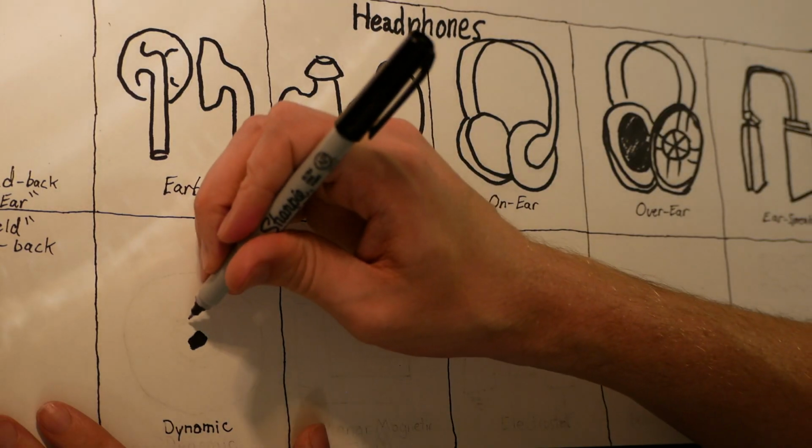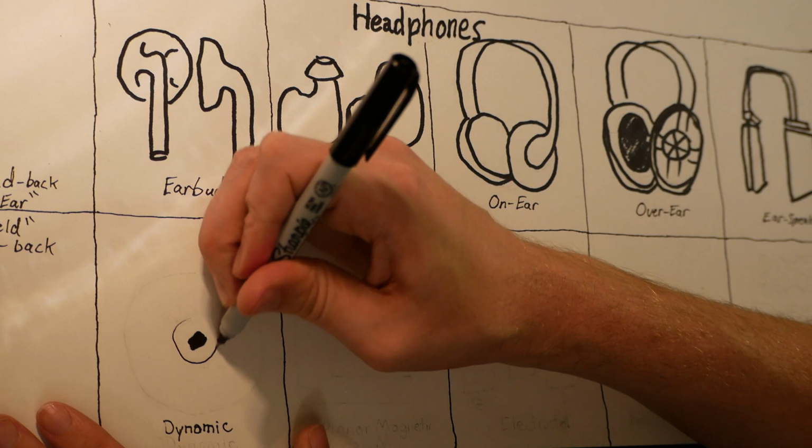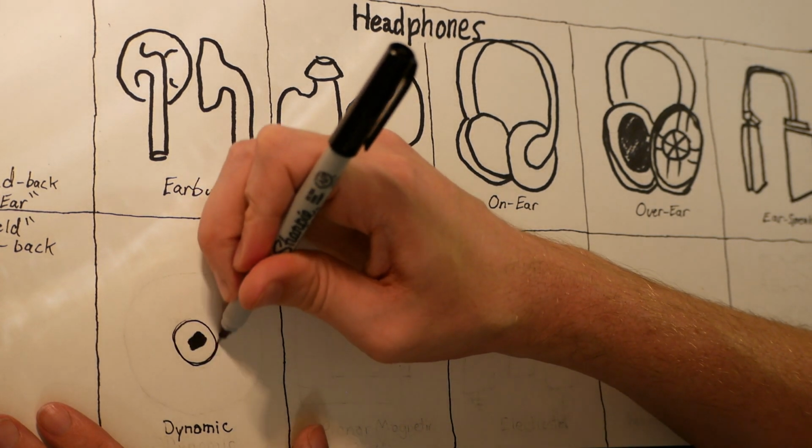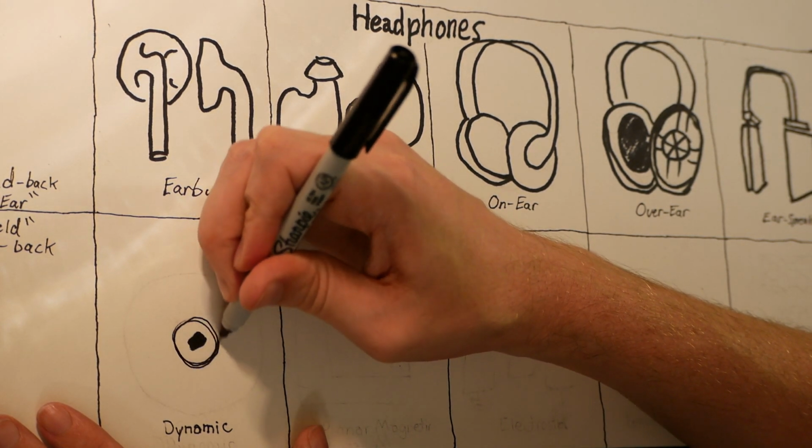That permanent magnet provides a force against our electromagnet, which in this case is coils and coils of copper or another type of material that, when you run a current through a coil, creates an electromagnet. That positive or negative pulse from the amp reacts against or towards the permanent magnet, moving the cone of the driver.